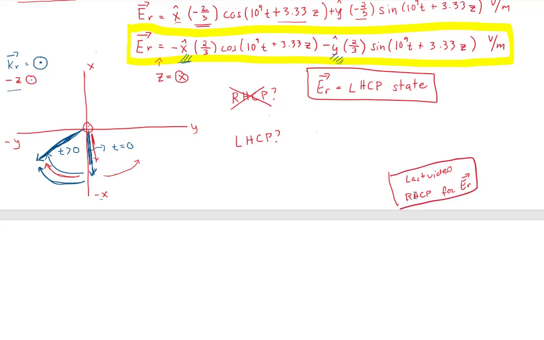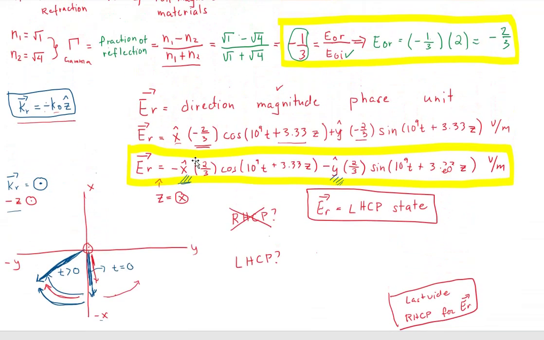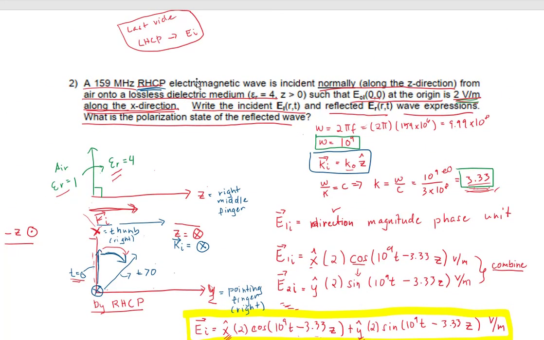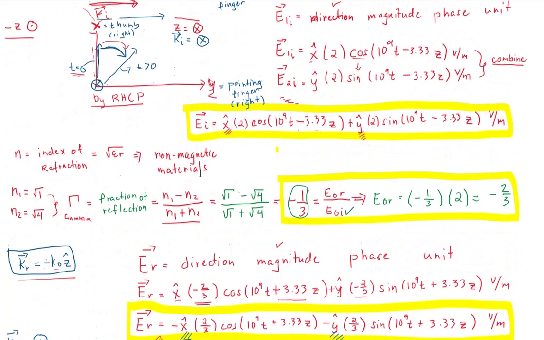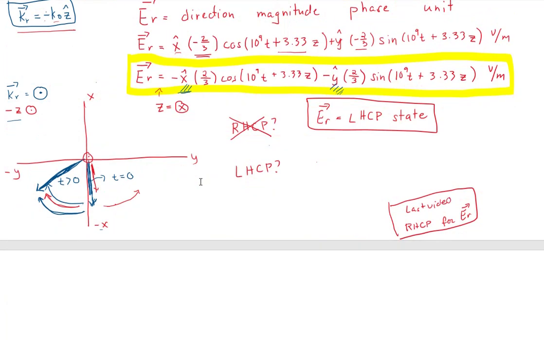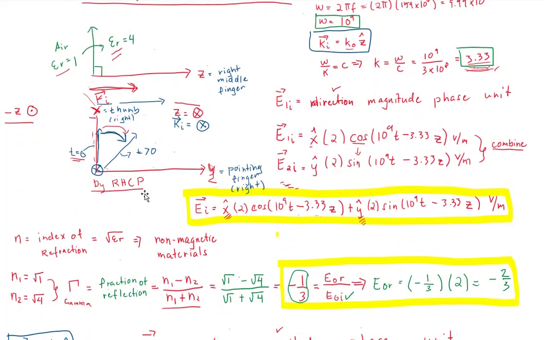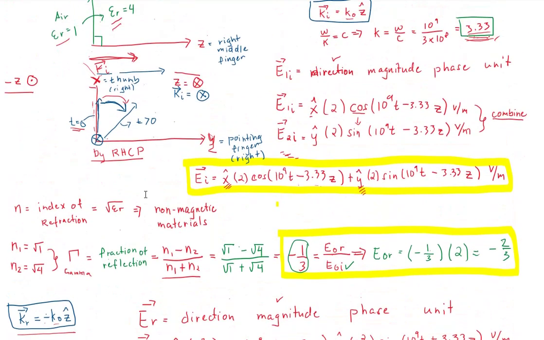Now, comparing that with our video today, we got started with RHCP for E sub i, and we ended up with LHCP for E sub r. So you could draw your own conclusion, but what I was just hoping to point out is the similarities and differences in determining polarization of a wave.